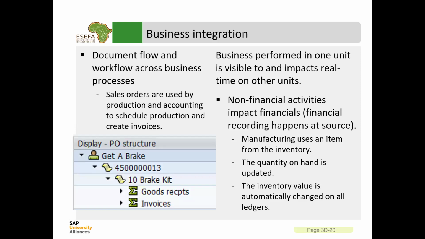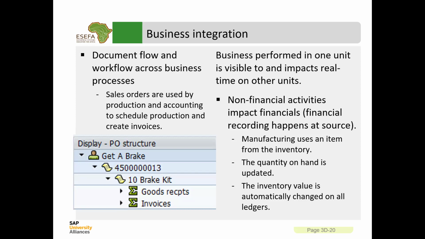Now we move on to the benefits of the level of business integration. Data flow and work flow across business processes. For example, sales order is used by production and accounting to schedule production. Yes, a particular sales order has been made.